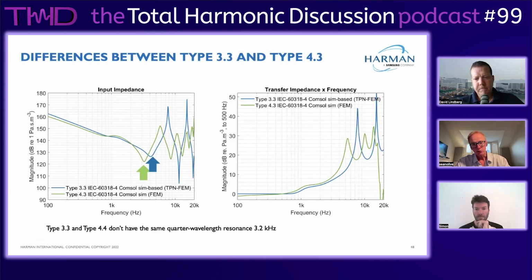And when you take that into account, the two target curves are much closer to each other. So we're now in the process of looking at this, and I have a pretty good suspicion that the two curves may well be very similar. So we don't need to have separate target curves for different types of headphones.